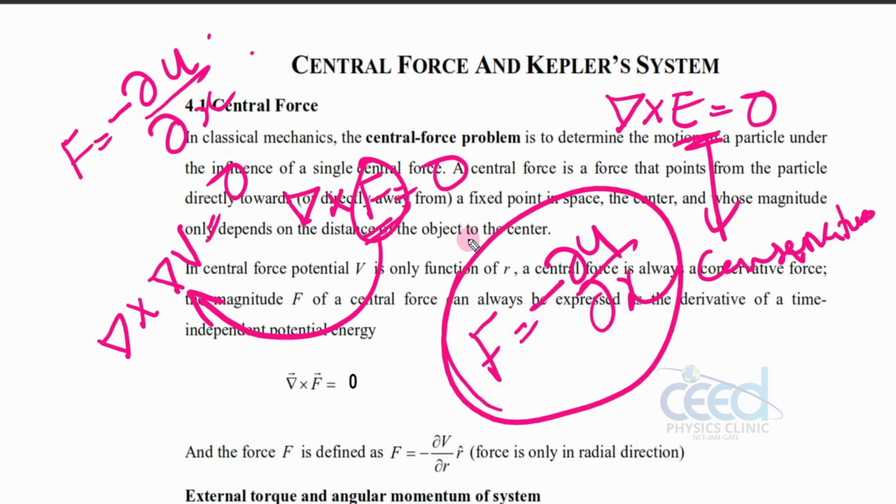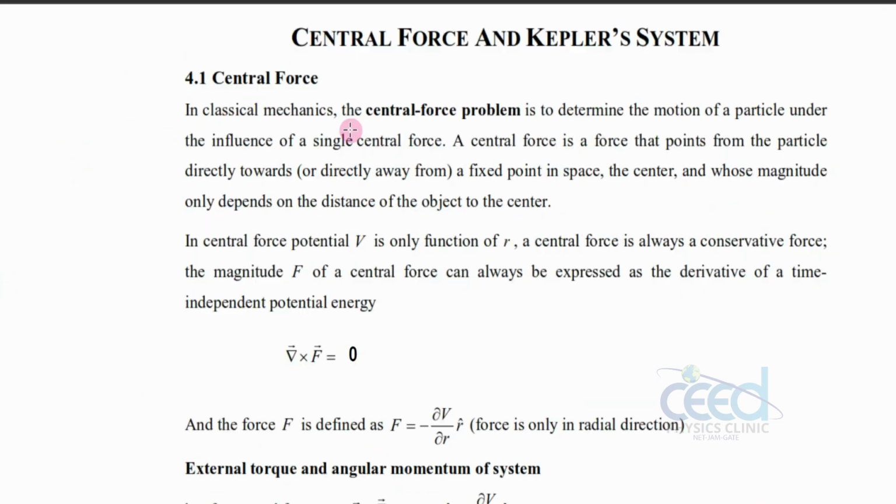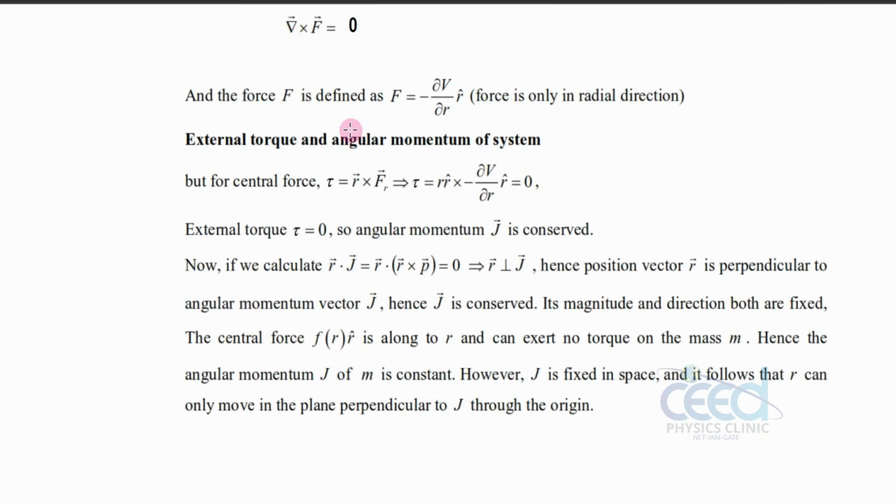Force is the negative gradient. Then only the curl of the gradient of a function is 0. Then force must be the gradient of a function as per vector theory. Right. So that knowledge is very important. What is a conservative force and what is a central force? Now we can come to some properties of this.